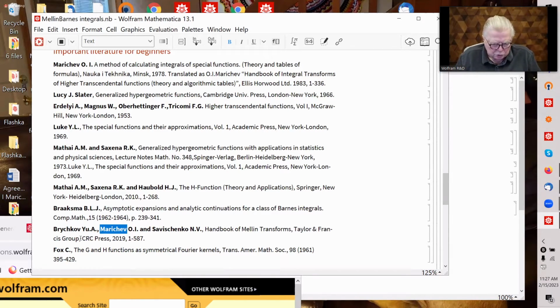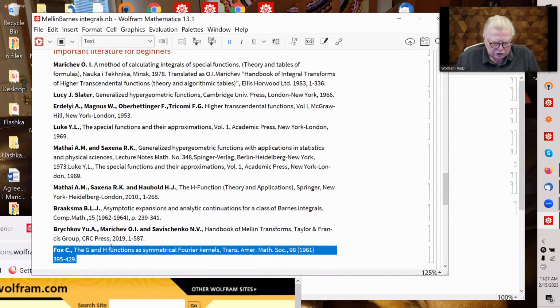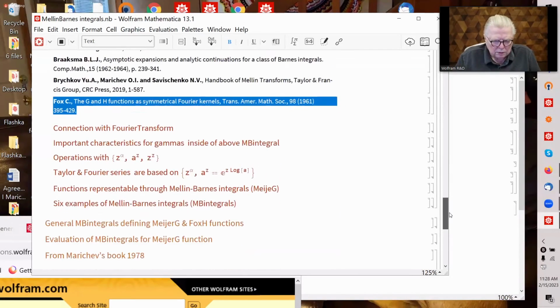Of course, I should mention the research of Fox, whose name was used for the definition of the Fox H function. I did not meet with him, but I studied his article.